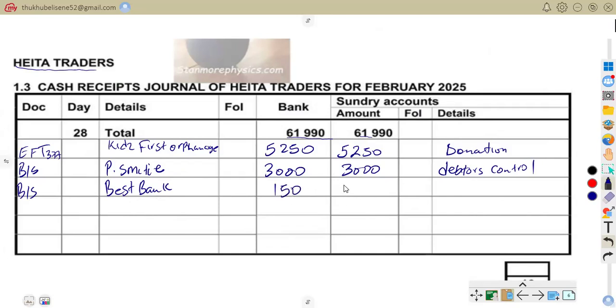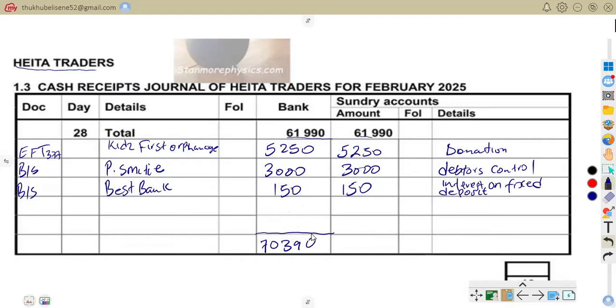So we record it in our bank and show it under sundry accounts. This was interest on fixed deposit. These are all the items that affect our cash receipts journal. When you add them all, you get 70,390. So that is that.